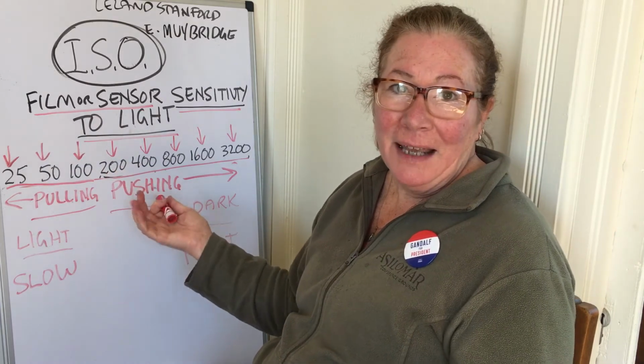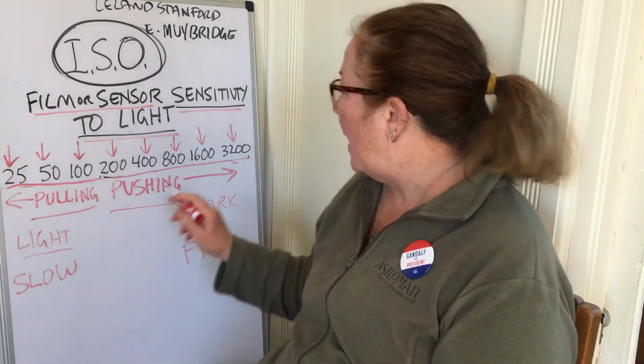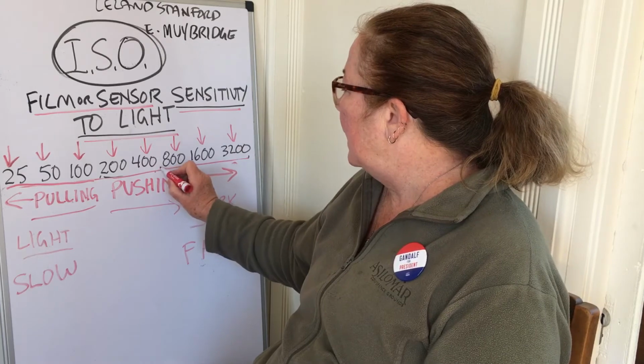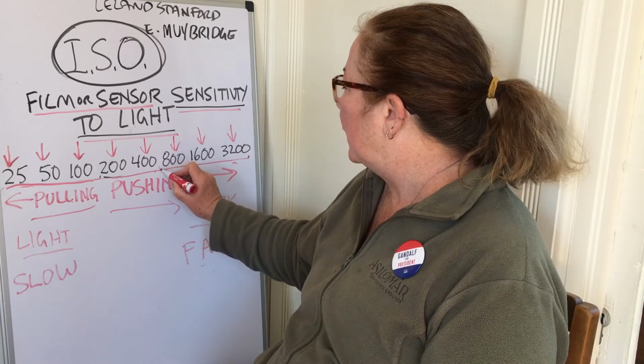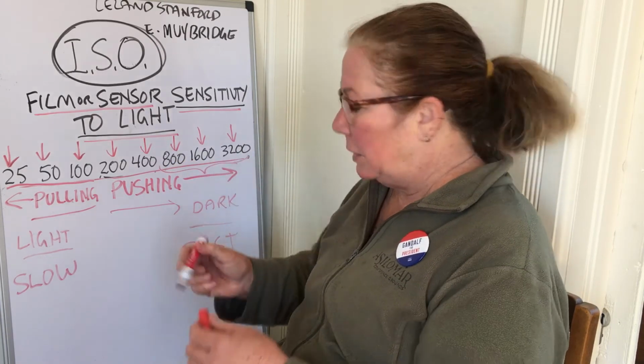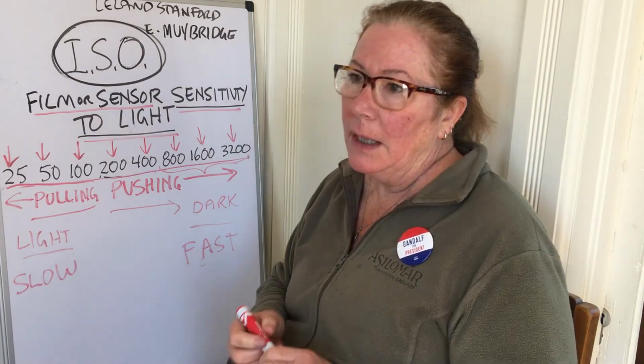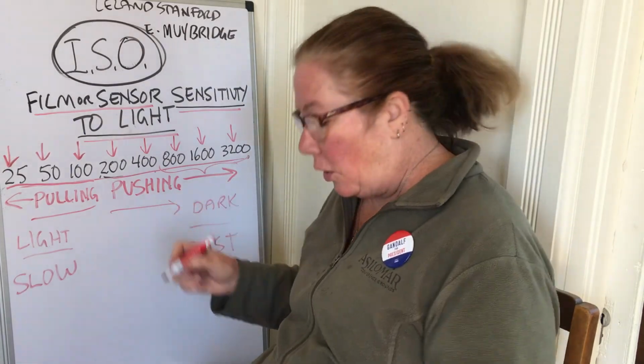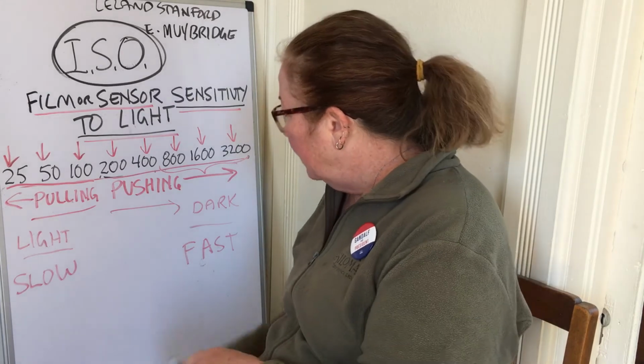That's it. Now, there is something you need to know about this: anything that's over, say, 400, so 800 to 3200 film, can get an effect that we call film grain. Let me write this down here.